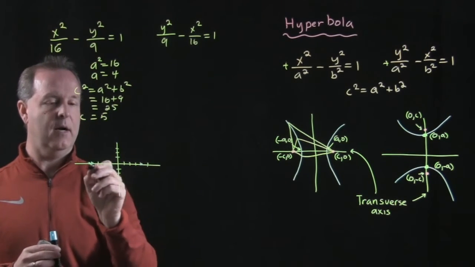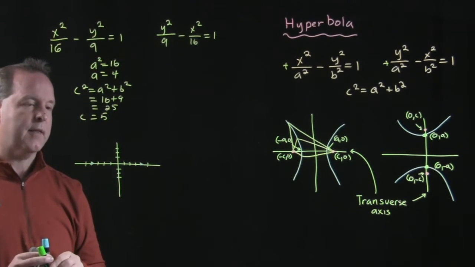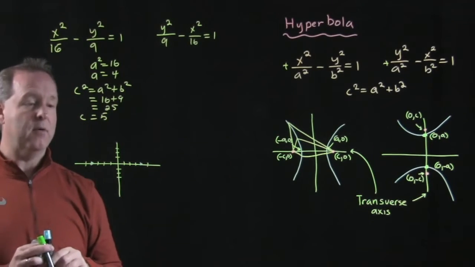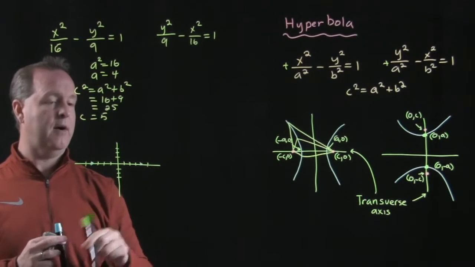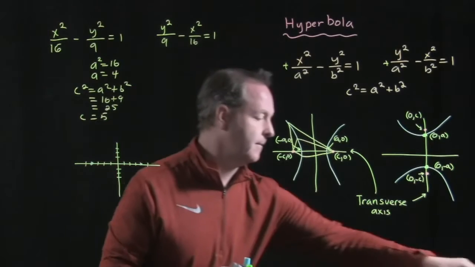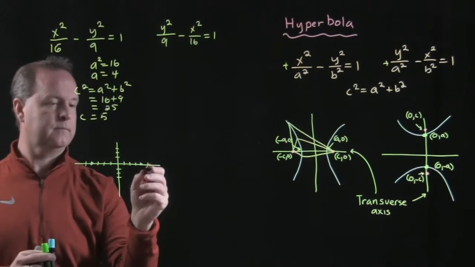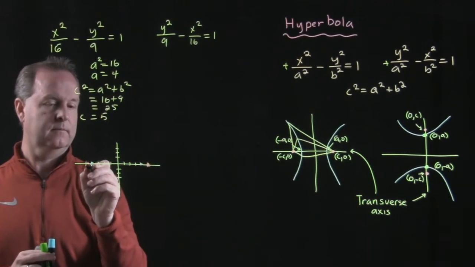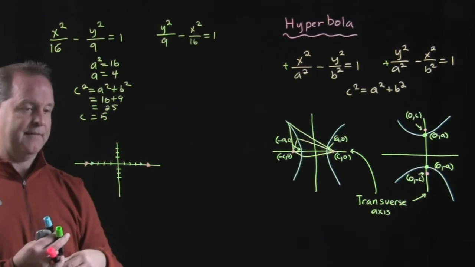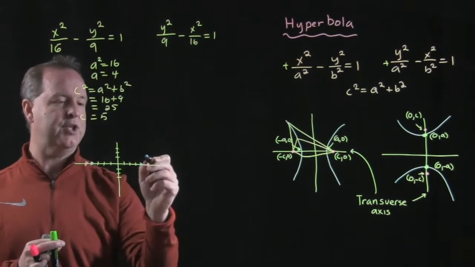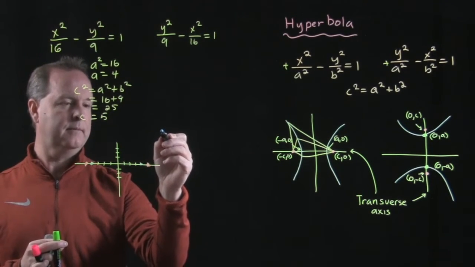One more tick mark beyond that. So that's where my vertices are. My foci are at 5 and 0. And from there, we can begin to get the shape of the hyperbola.